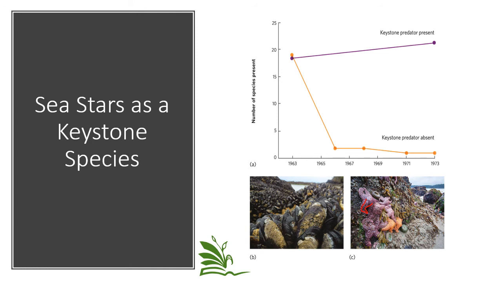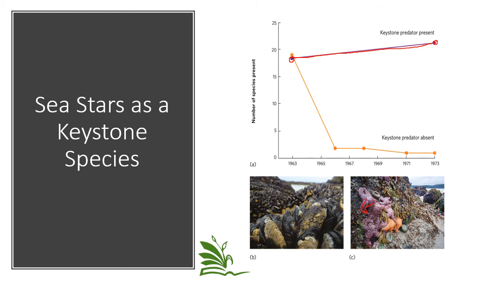And what is the argument for that? Well, when a scientist studied the presence or absence of this keystone predator, it consumes all of these other mussels, sucks them right out with its mouth part that's on its belly. What you could see was that when they were present, there was a maintenance of high species diversity within that coastal community.